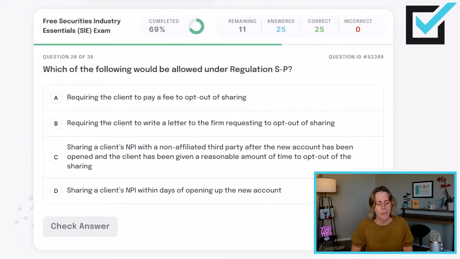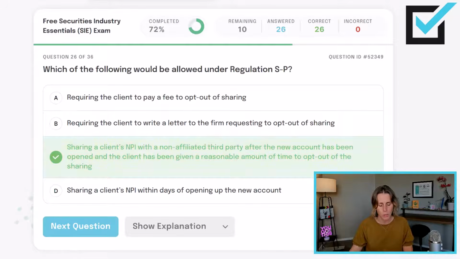No. Sharing a client's non-public information with a non-affiliated third party after the new account has been opened and the client has been given a reasonable amount of time to opt out of the sharing. I like that. That might be okay. Sharing a client's non-public information within days of opening up the new account? No. This is the only one that is allowed under Regulation S-P. You have to give them time to opt out of the sharing. If they haven't opted out, then you can share.